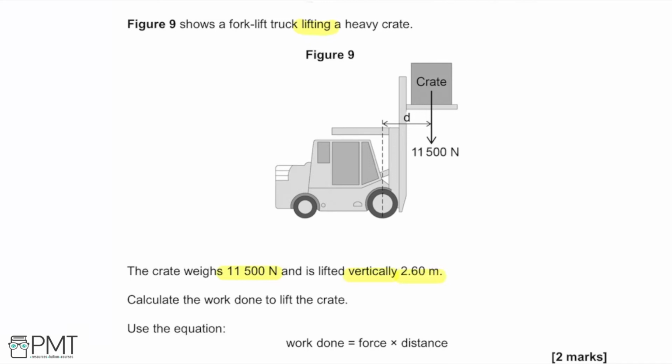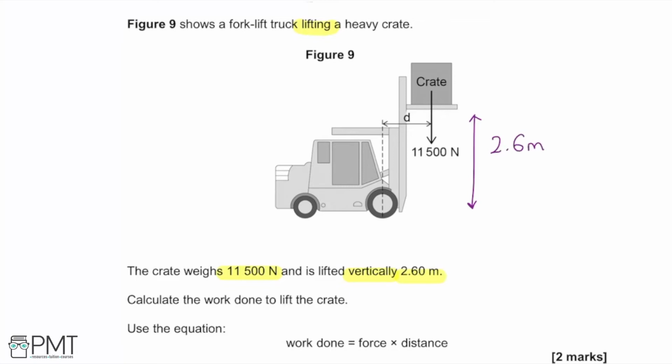So we can see that here the crate, this arrow represents the weight of the crate, the force, which is weight, acting downwards. So we've got that 11,500 newtons, and it's lifted vertically by a distance of 2.6 meters. So that's going to be this distance here, the distance through which it's lifted. So I can draw that on, distance of 2.6 meters.